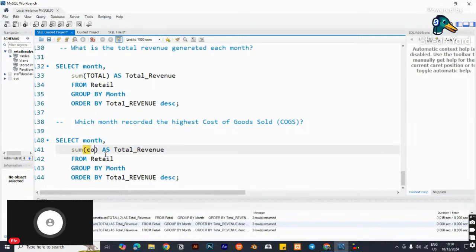So we say SUM(COGS) as total COGS, from retail, group by month, and then order by total COGS.